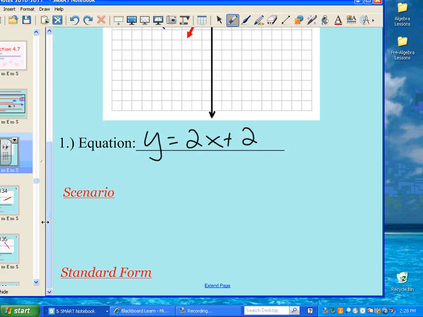C-A-T. Is that right? Okay. Say that again. Catapulted 2 squirrels every hour. Thanks for spelling help, Miss Wingrove. How do you think of that? Catapult. All right, that works.